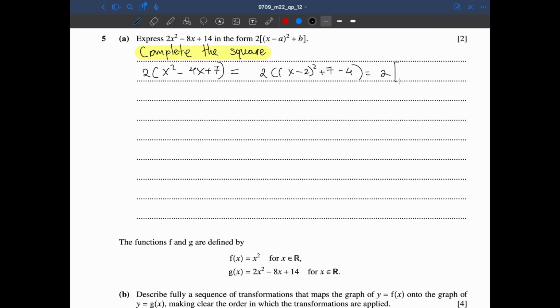So it's going to be (x minus 2) squared plus 3. Yeah, so that's basically what they asked for. And that's indeed the correct answer, according to the mark scheme.